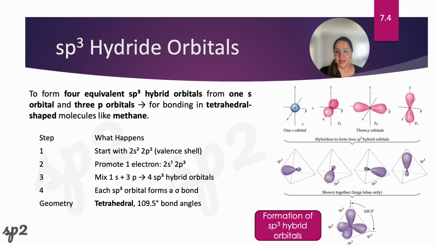Take a look at the picture. As you can see, you've got your s orbital with all of these p orbitals hybridizing, and that is giving us four sp3 hybrid orbitals. We can put them all together, which is our last picture here. Excellent job, everybody.